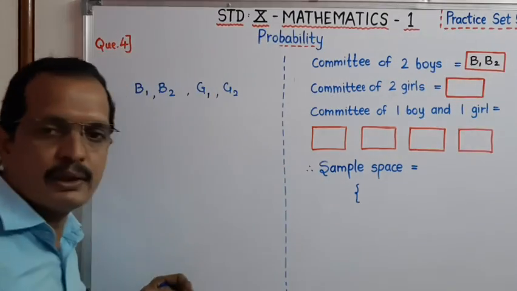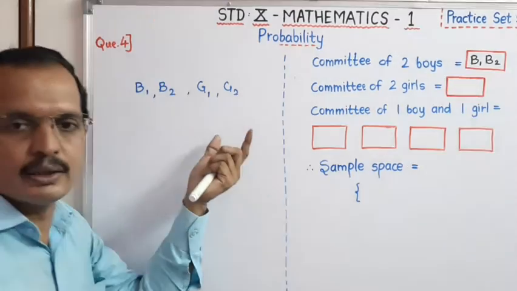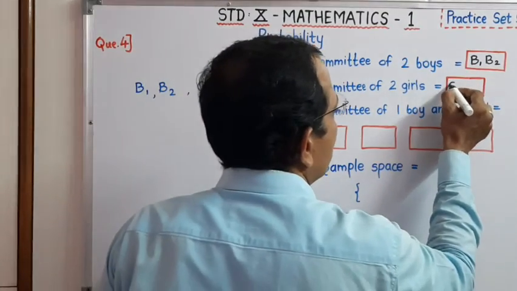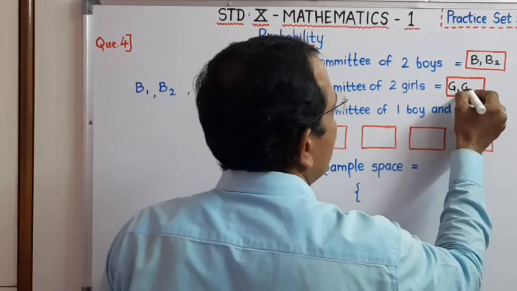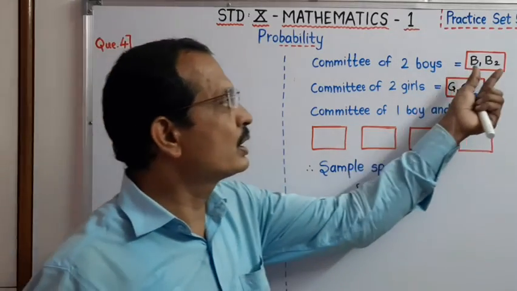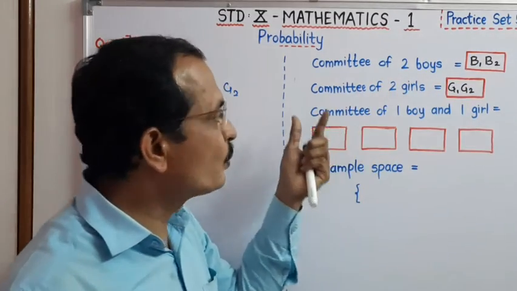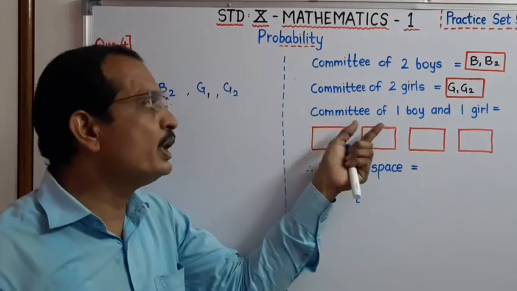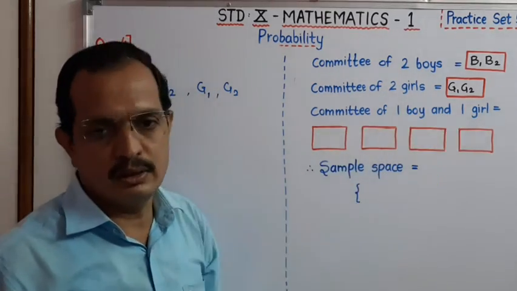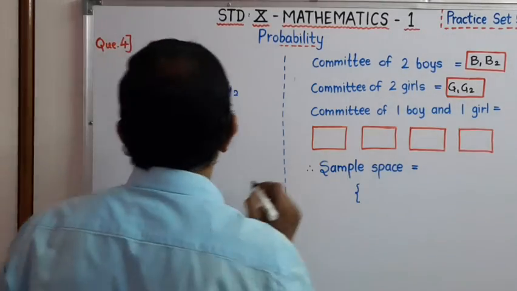Then committee of 2 girls, G1 and G2. Therefore we write here G1 and G2. This is another committee. This is the one committee of 2 boys, one committee of 2 girls, and now we have to make the committee of 1 boy and 1 girl.